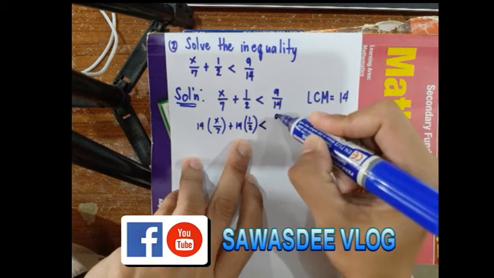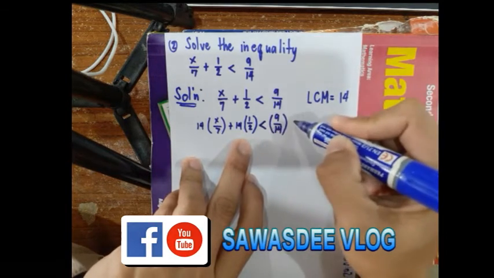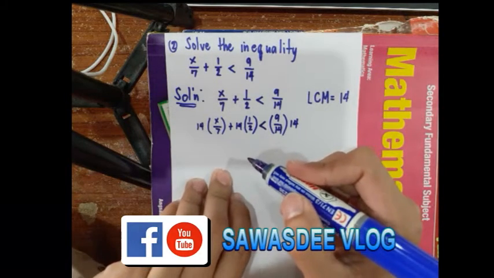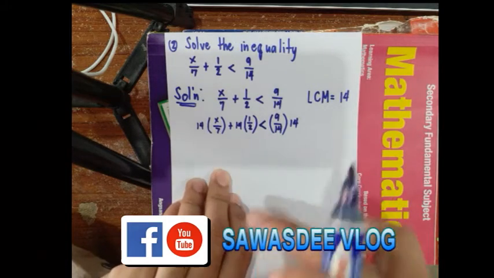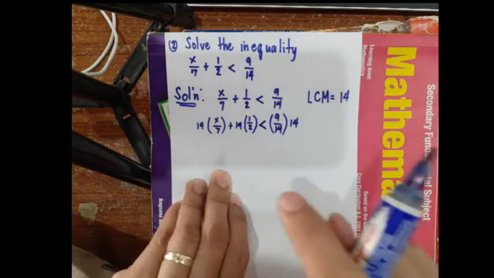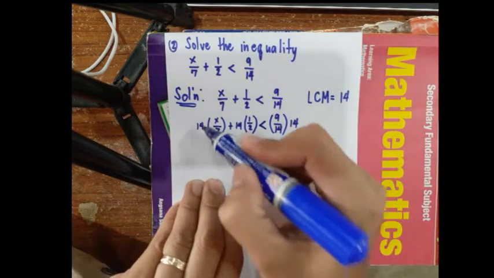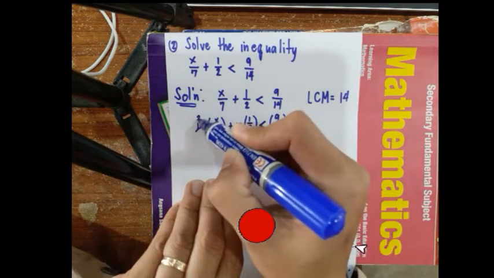And then 9 over 14 times 14. All expressions must be multiplied by your LCM. So 14 divided by 7 cancels, becomes 1, and then 2.